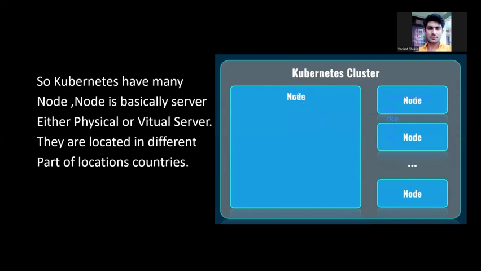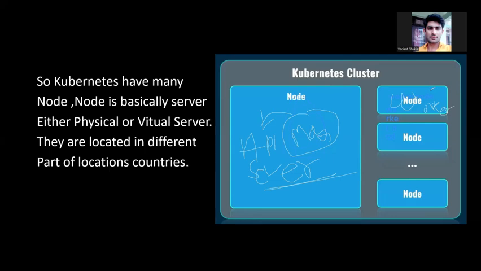So this is our master node. This is our worker node. Inside that master node, an API server is there.